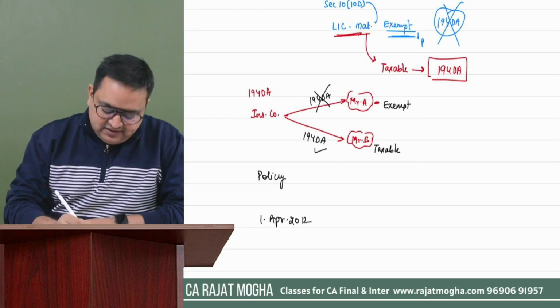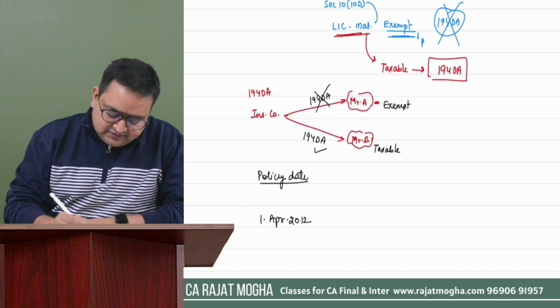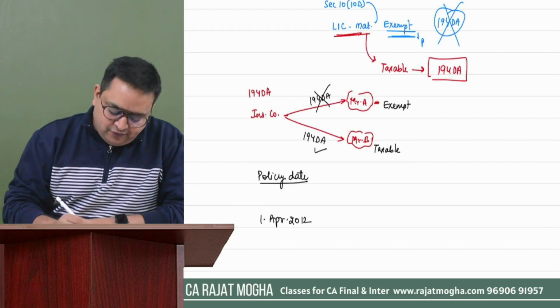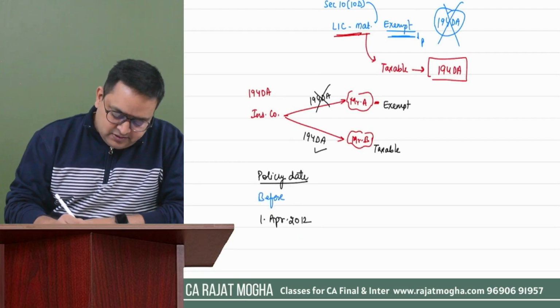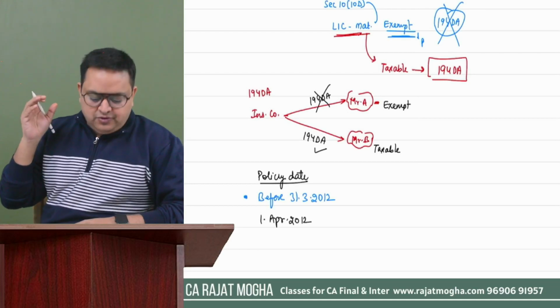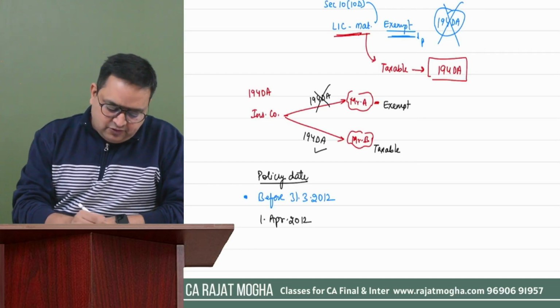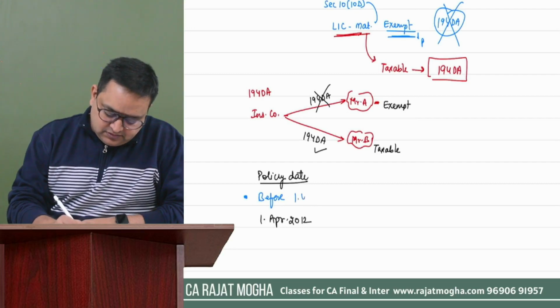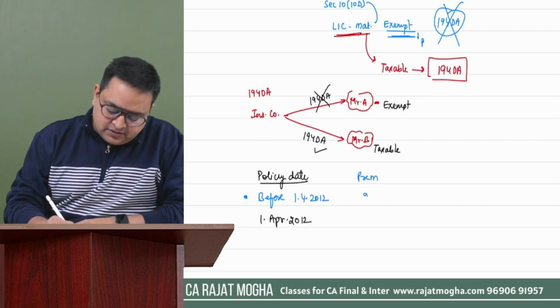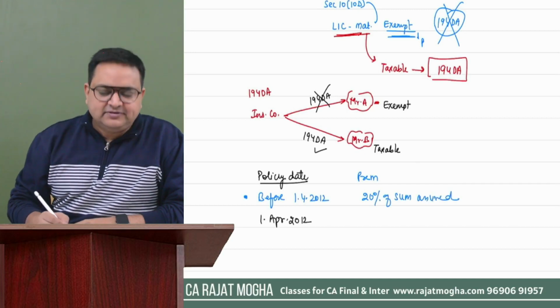Just remember this date and you can build a story around it. If this policy was started on or before 31st March 2012, one day prior to this date, then if the premium is up to 20% of the sum assured, do you remember this?